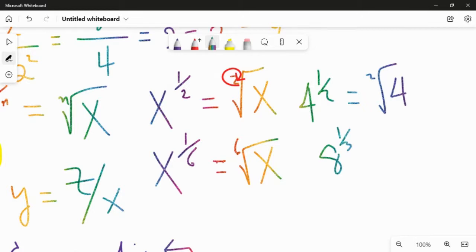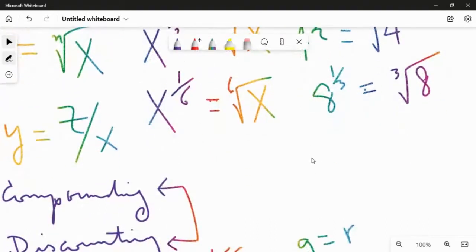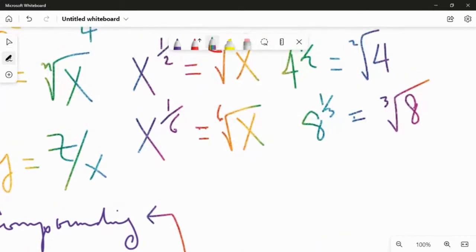But then 8 raised to 1 over 3. That's the third root of 8. So we know it's 2. Is it like 8 and just square root that?